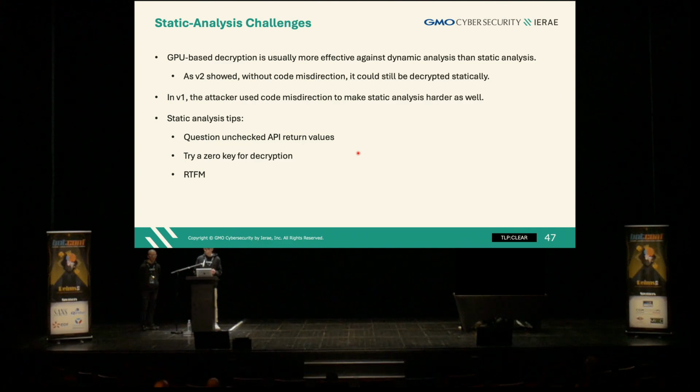In terms of static analysis tips, it's really just questioning those unchecked API return calls for anything unusual. Obviously, trying a 0 key for decryption would have saved a lot of time, and so would reading the OpenCL manual.